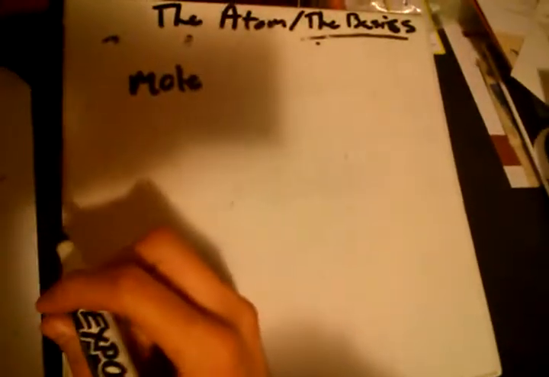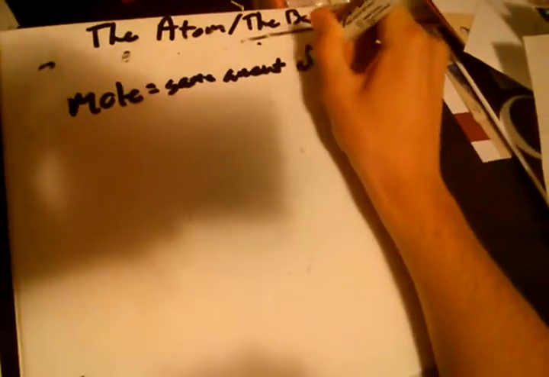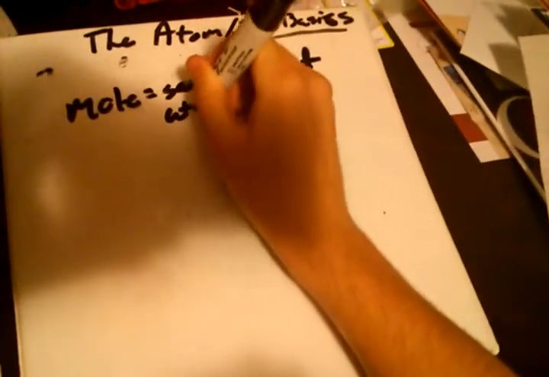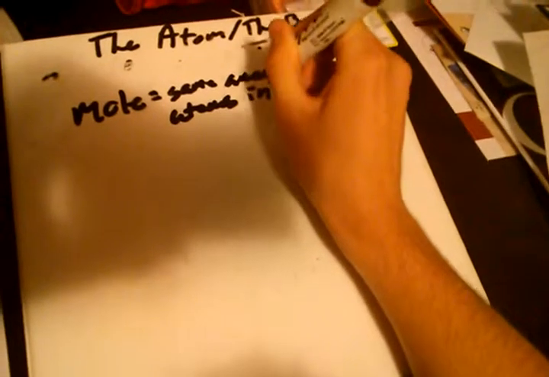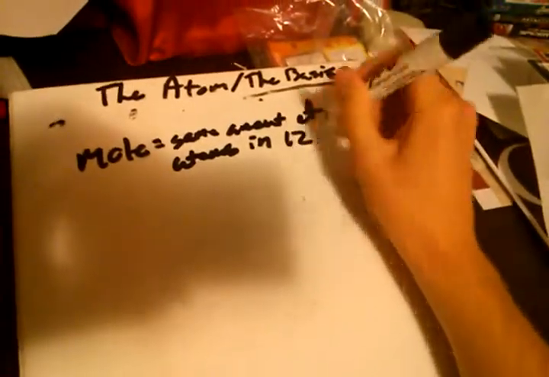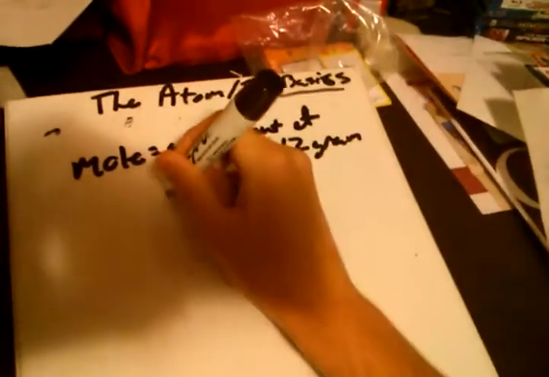That basically means that 1 mole of a substance is equal to the same amount of atoms in a 12-gram sample of carbon-12.